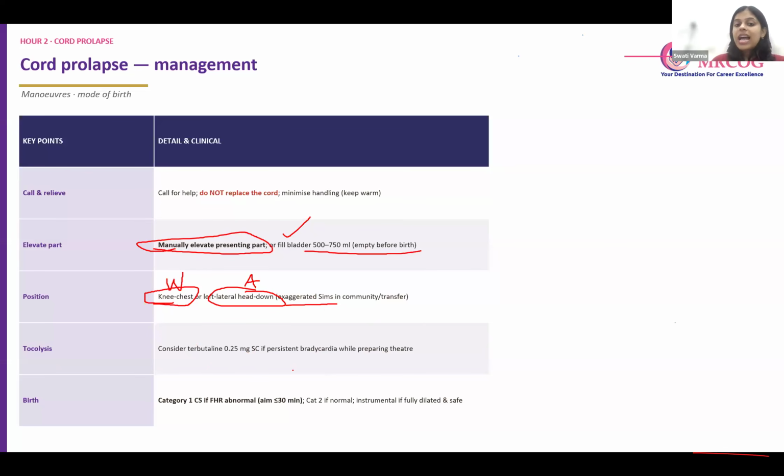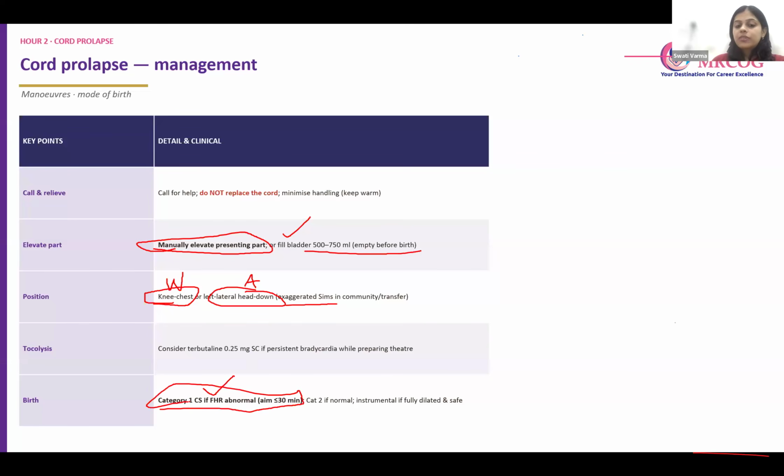And regarding birth, as soon as she arrives, suppose she was in community, the midwife filled the bladder, assumed the appropriate positions, and when she reaches hospital, the first and foremost thing is to look for FHR. If the FHR is abnormal, immediately shift her for category 1 cesarean section.